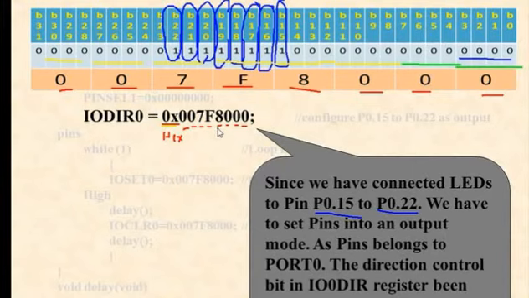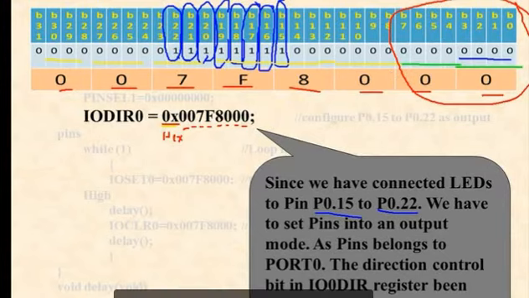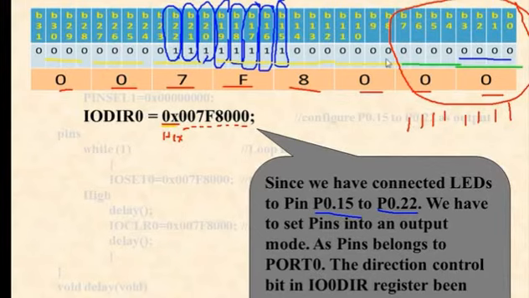Suppose I want to make only the lower bits output. Then my code will be like this. Whatever pin you want to make output, that should be 1. So here I will write 1 1 1 1, then 1 1 1 1. The remaining pins I don't want to use, so they are 0.